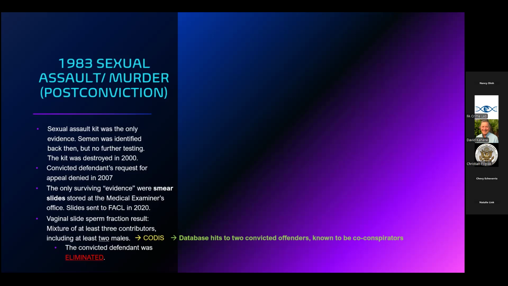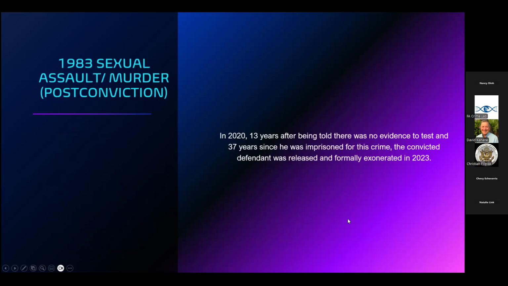And there isn't any information about the status of the other suspect's case, but he may possibly get the death penalty because he also killed 2 inmates in prison and because it's Florida. So in 2020, 13 years after being told there was no evidence to test, and 37 years since he was in prison for this crime, the convicted defendant in this case was released and formally exonerated in 2023.